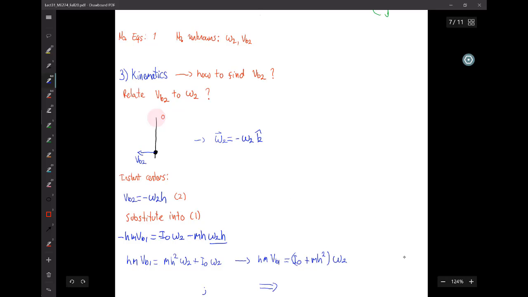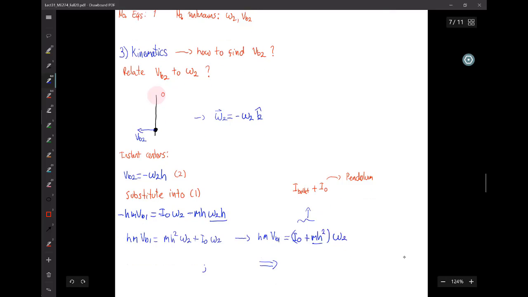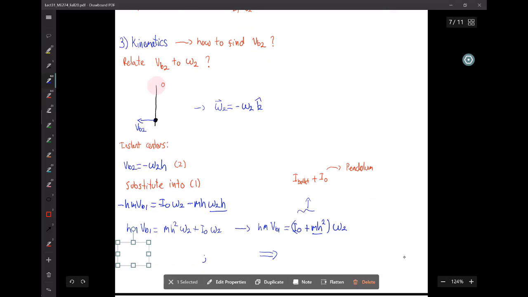Notice that there is not a parallel axis theorem or something in the calculation of this factor of omega 2. What we have is the fact that we have an additional mass on the pendulum. It's important because we may have forgotten about that. And then now in the end it's just a matter of some algebra.